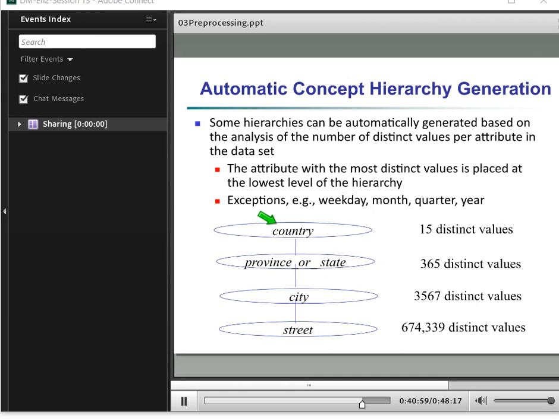And one more interesting specification for hierarchy is that when we are going through this hierarchy, the number of distinct values related to each level will change fast.